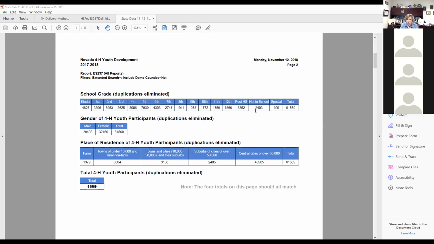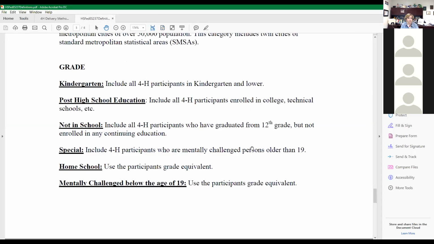The not in school is for those individuals who have graduated from high school but are not enrolled in post-secondary education. The special category, that was what I was trying to remember what it said. That is for, close that current tab. Okay.